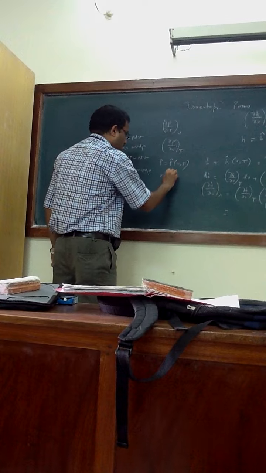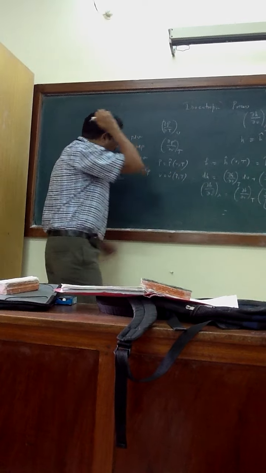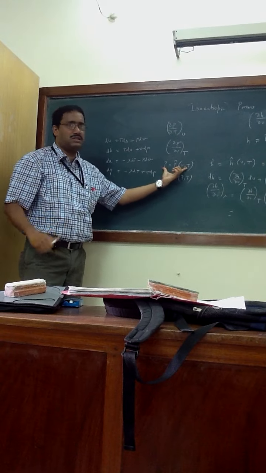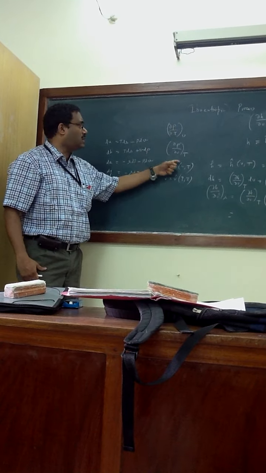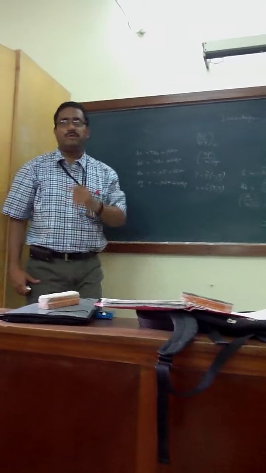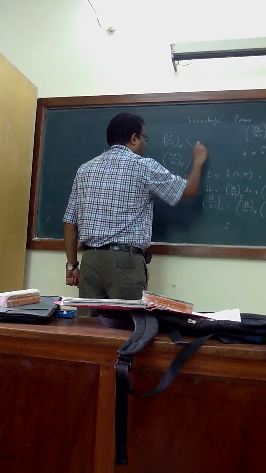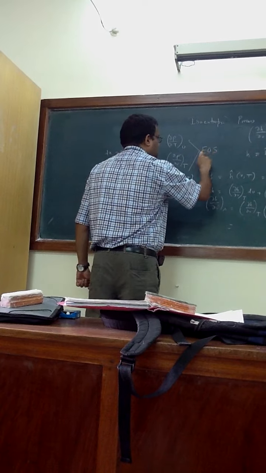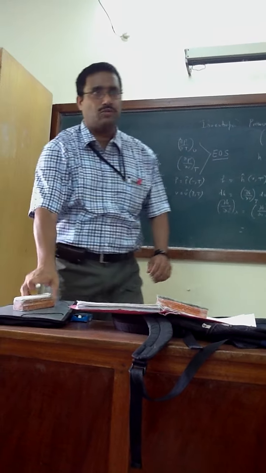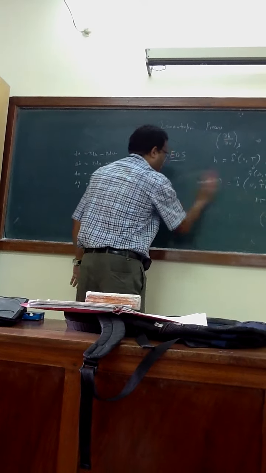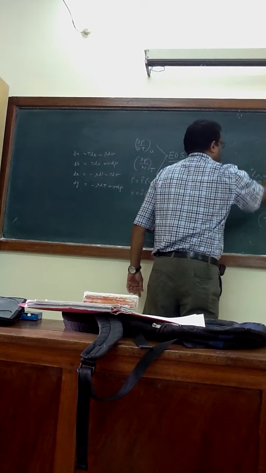This information is very important. If we know this expression, this functional form, we can calculate, and most of the property derivatives would be done. So this requires knowledge of the EOS, the equation of state. So we'll start with the equation of state to proceed further.